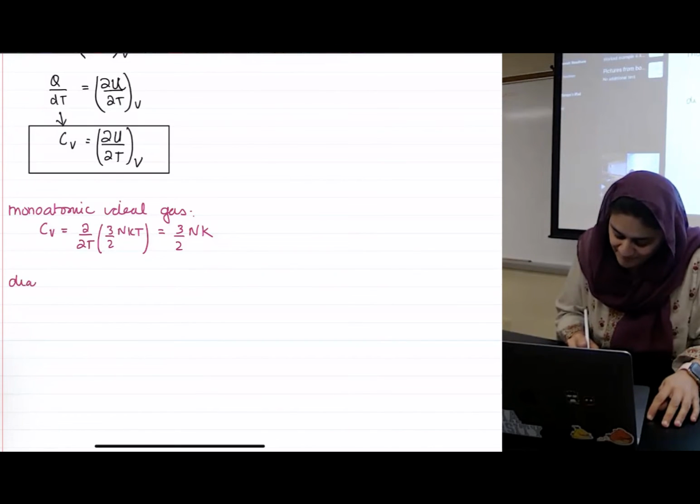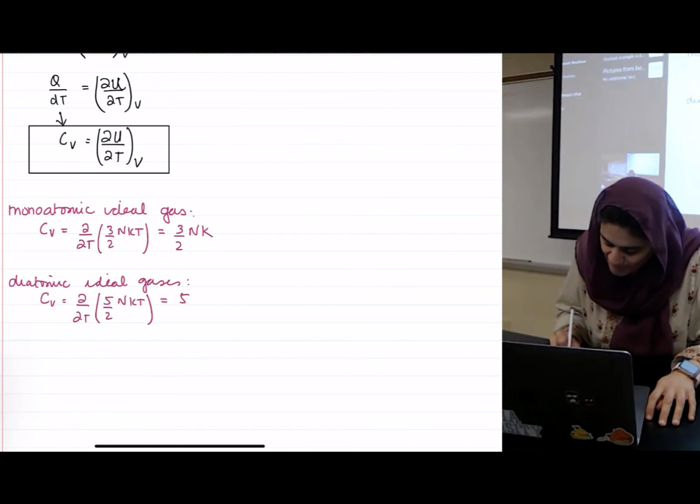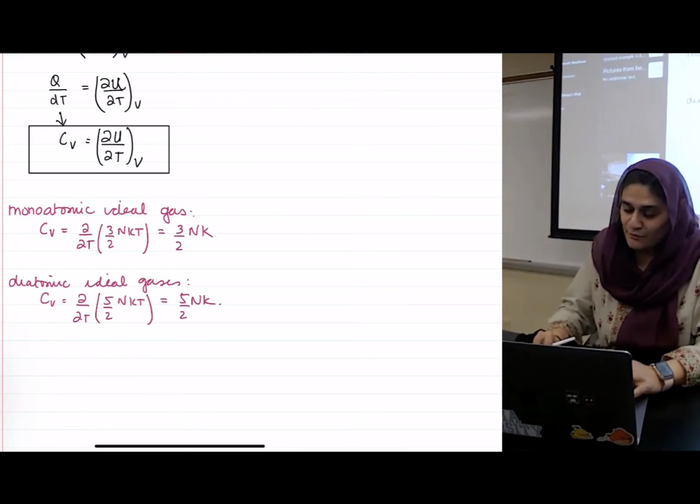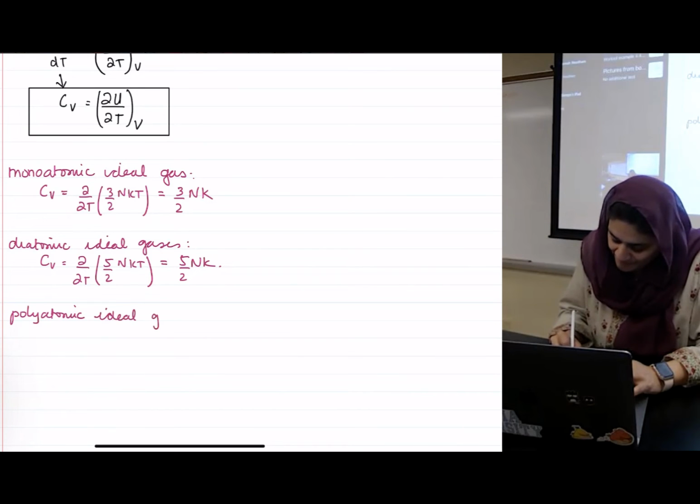So for monoatomic ideal gases, that means they only have one kind of molecule, we can write CV as partial over partial T of 3/2 NkT, which equals 3/2 Nk. Diatomic ideal gases: CV will just be partial over partial T of 5/2 NkT, or 5/2 Nk. And for polyatomic ideal gases, 3NkT, which equals 3Nk.